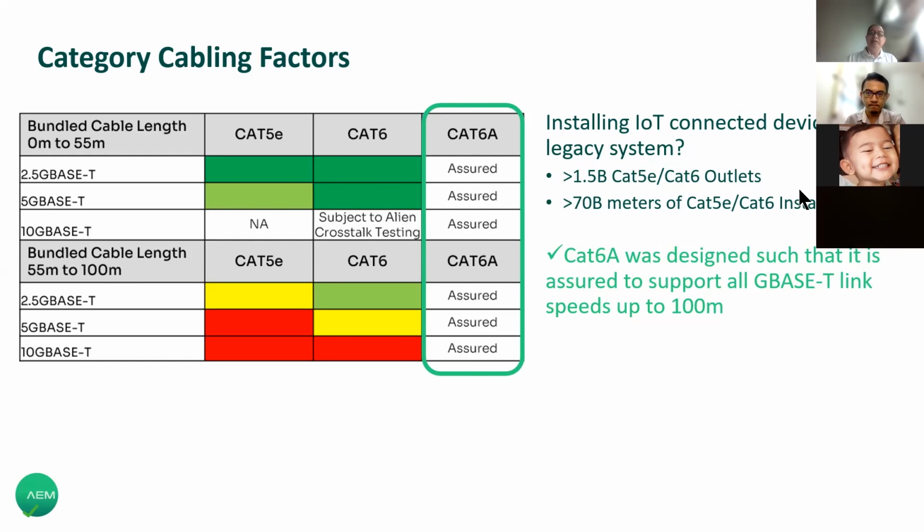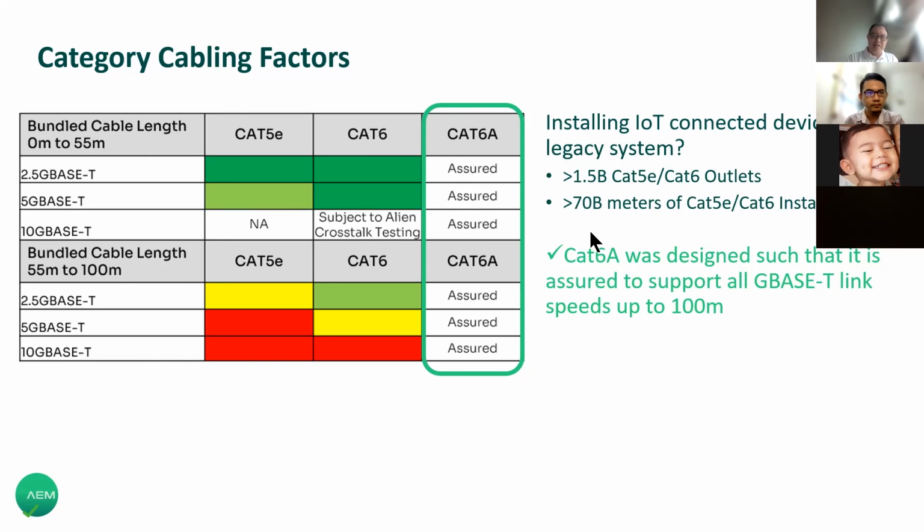So this is about legacy devices, a legacy system. This 1.5B, if I'm not mistaken, is talking about the number of outlets you can install. For the 70, this B could be a mistake. It could be 70 meters of cable installed, connected to a device.